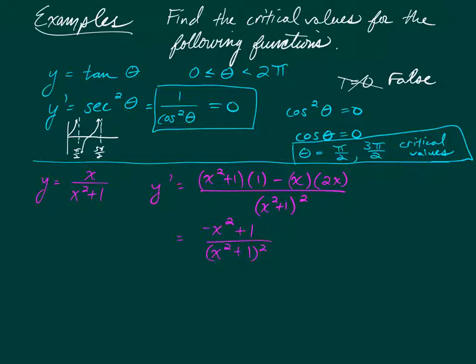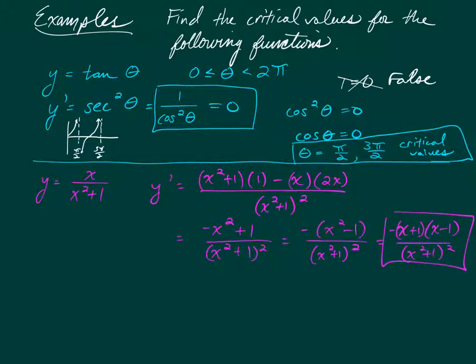And if you want to get really fancy about it, you can factor out a negative in the numerator and leave the denominator as x squared plus 1, the quantity squared, and then you can even factor that: negative x plus 1, x minus 1, all over x squared plus 1 squared. So this will be the derivative that I use.